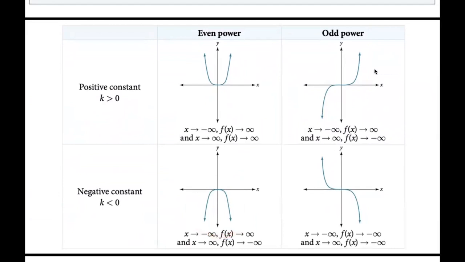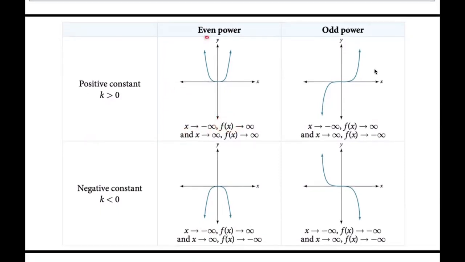Now, the way we want to represent the end behavior, so what happens at the end of the graph, is we say as x approaches negative infinity, so as x is going towards negative infinity, then f of x, your graph, if it's an even power with a positive constant, f of x also approaches infinity. And if x is approaching positive infinity, then f of x approaches positive infinity as well.